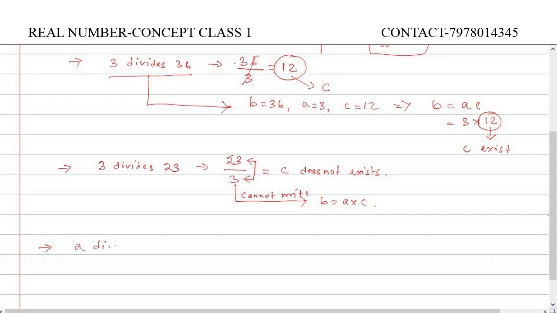If you write down a divides b, what is the notation used here? You can write this as a, one vertical line, b. So this means a divides b.